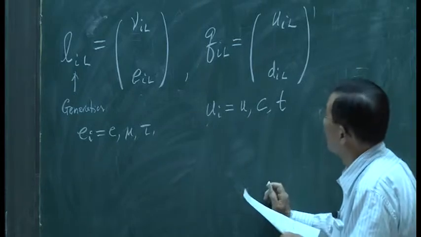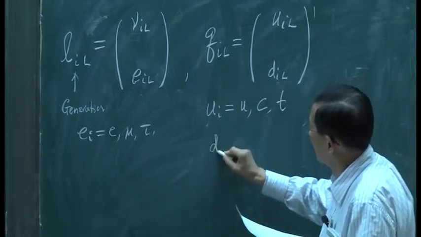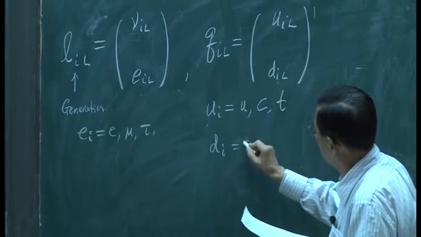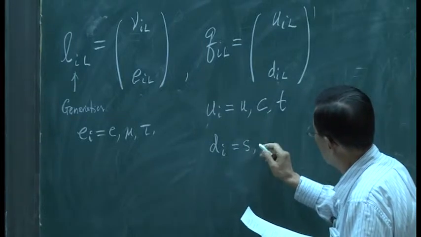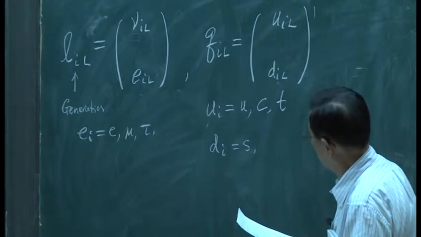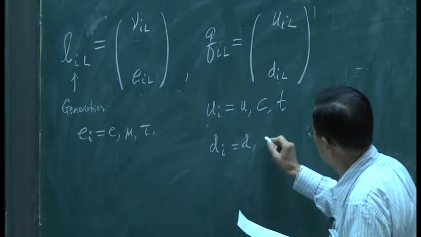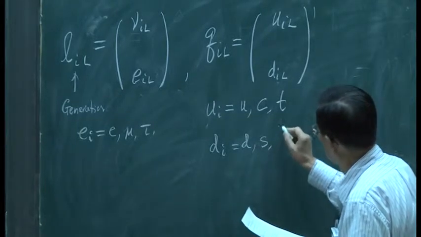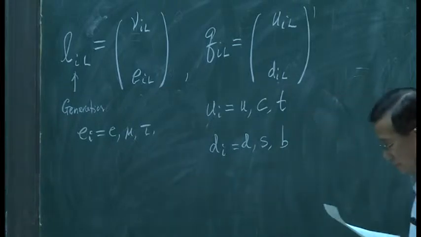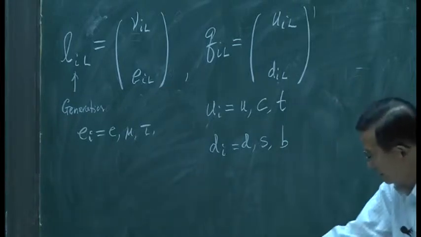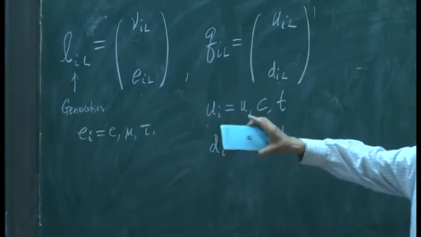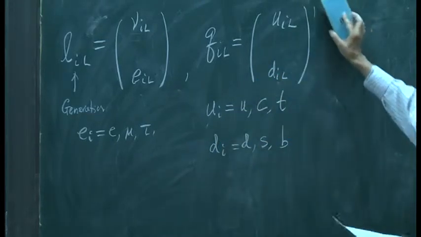And D_I, the down-type quarks, will be down, strange, and the bottom quark. Okay. So we can now write down the Lagrangian which couples the fermions to the Higgs.